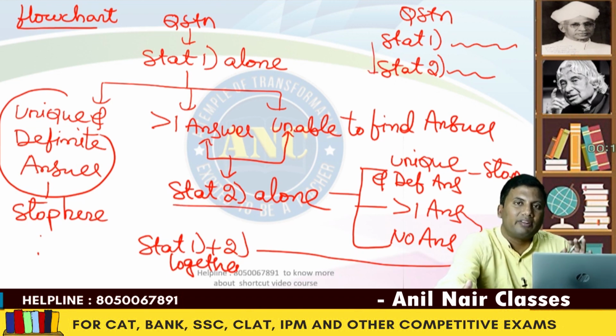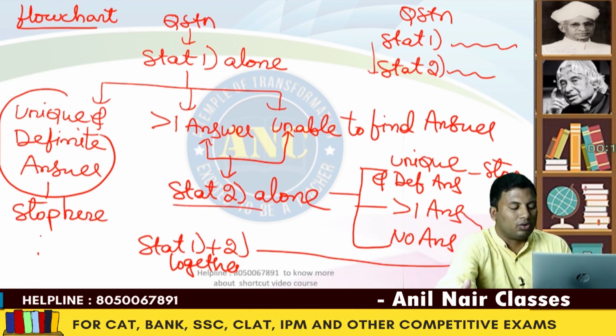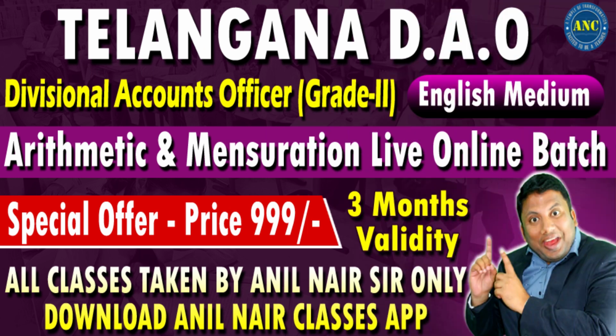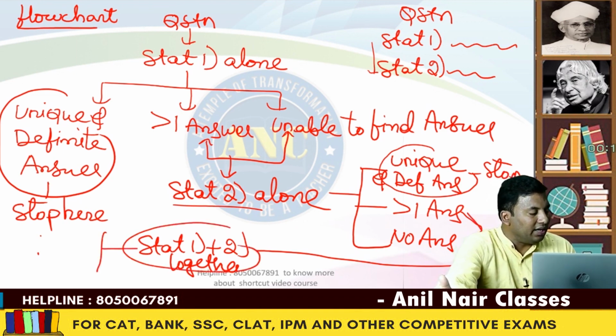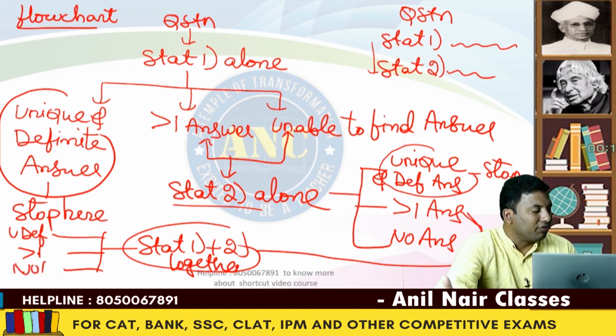Execute for statement 2 whatever I did for statement 1. If you got a unique and definite answer, stop. If you got greater than one answer or no answer, go to statement 1 and 2 together. Again there are three outputs: a unique and definite answer, greater than one answer, or no answer. If greater than one or no answer, the answer is cannot be determined.